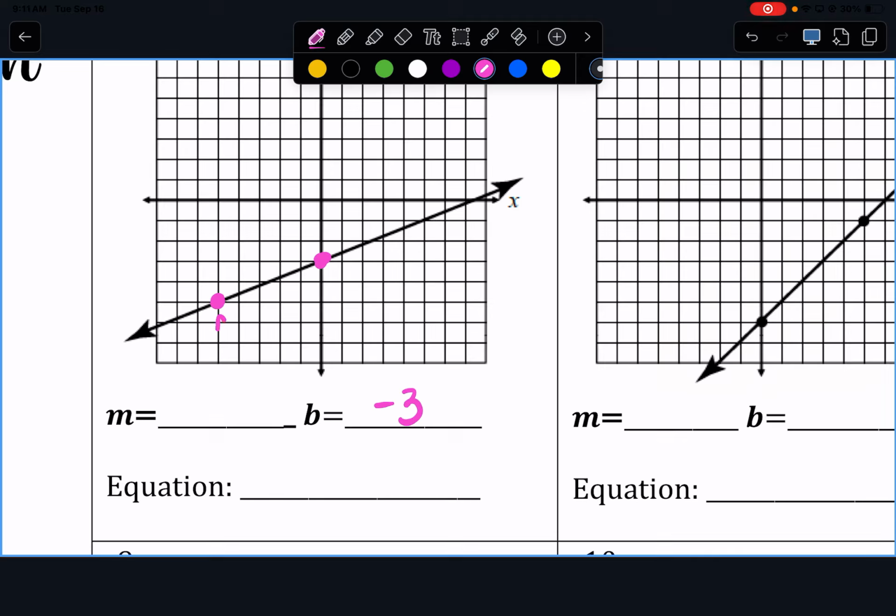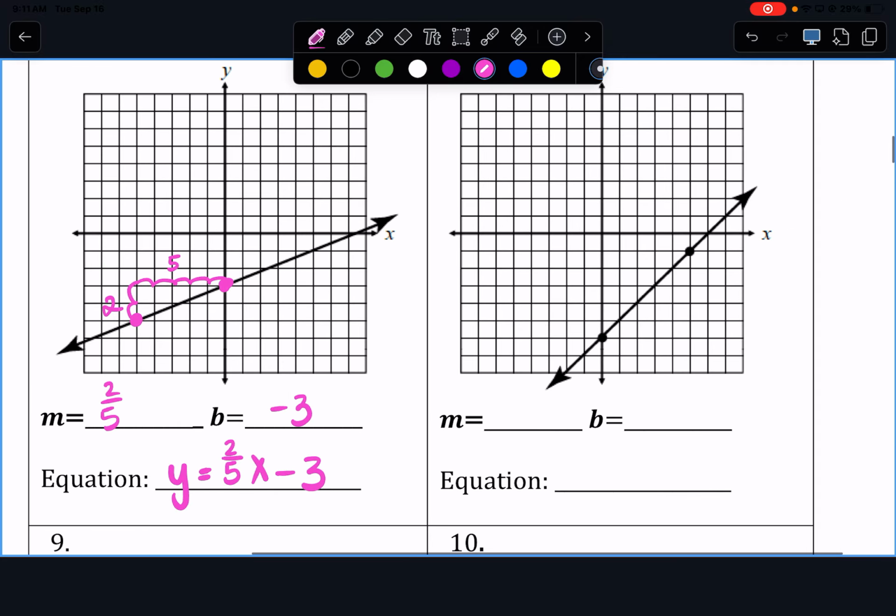If I go from point A to point B, what is the rise? 2. And the run is 5. Can I simplify 2/5? No. So that is my slope. So now, to write the equation, I'm going to do y equals 2/5x minus 3.